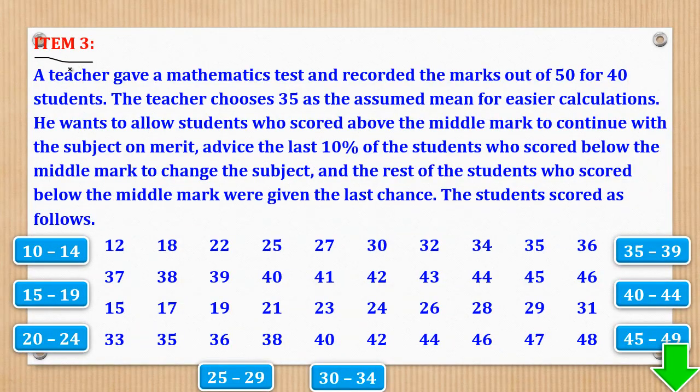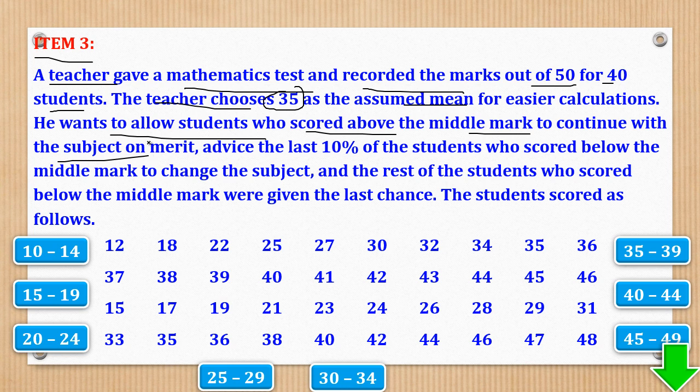So now we shall go to item 3. Item 3 says, a teacher gave a mathematics test, recorded the marks out of 50 for 40 students. The teacher chooses 35 as the assumed mean for easier calculations. He wants to allow students who scored above the middle mark to continue with the subject on merit.